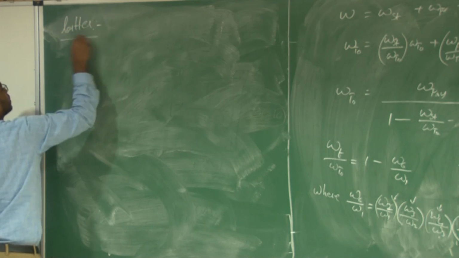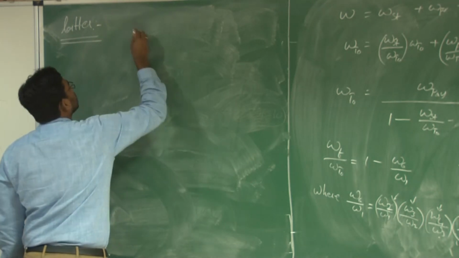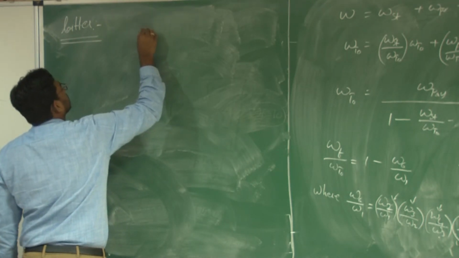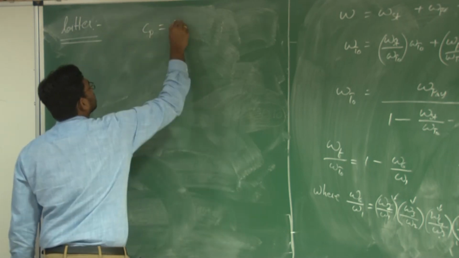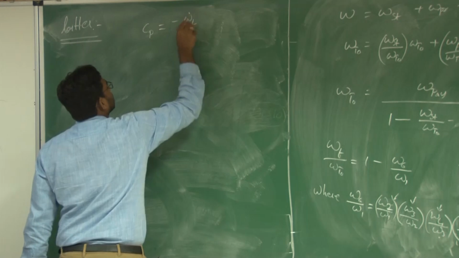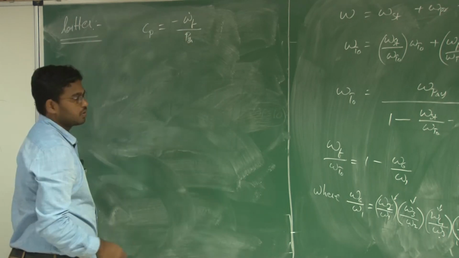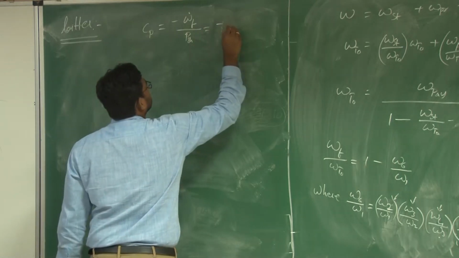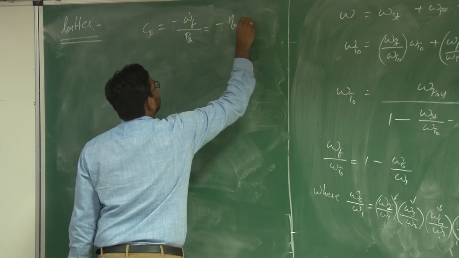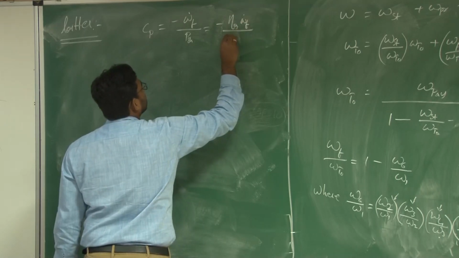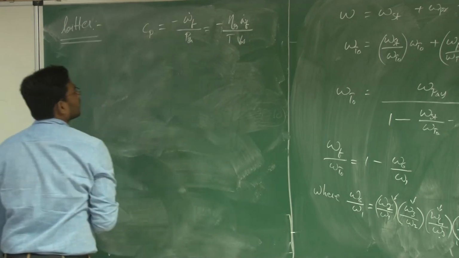Loiter. So what is the specific fuel consumption? By definition, Cp is minus W dot F by Psh, right? This is equal to minus eta of the propeller into W dot F divided by T into V infinity, right?